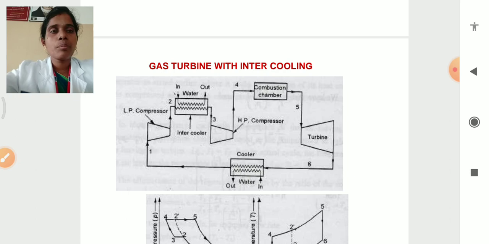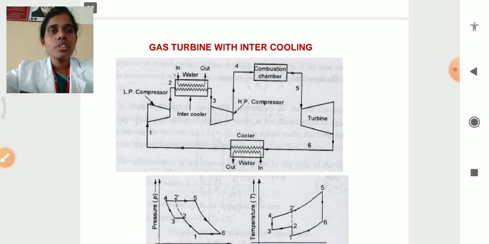In the combustion chamber, the fuel gets combusted and then it is fed to the turbine. The hot gas hits the turbine blades and starts them rotating, and then the hot exhaust is fed to the cooler. With the help of the intercooling system, the high temperature heat can be cooled, and it may be recycled for the further process.